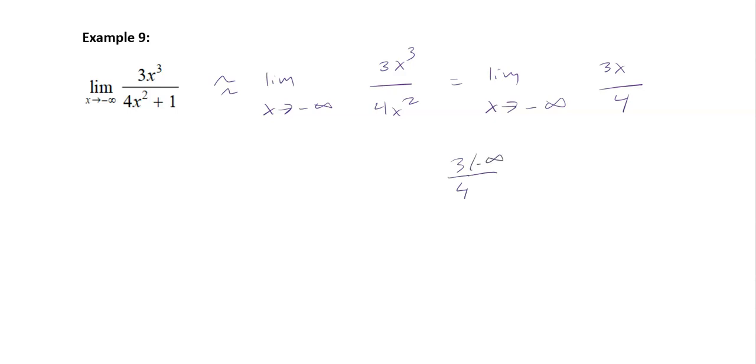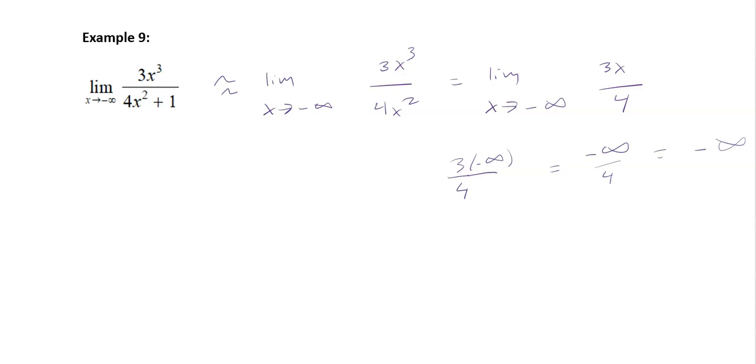times a negative infinity. You can't really evaluate negative infinity, but if I have a really large negative number times 3, I get an even larger negative number. An infinitely large negative number divided by a positive number is going to give me negative infinity. Okay?